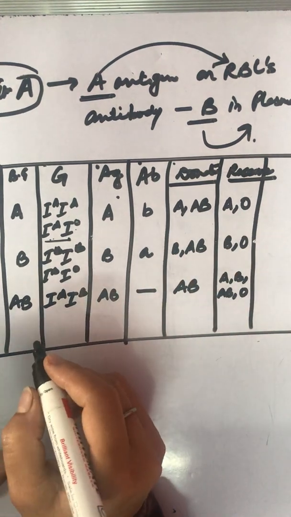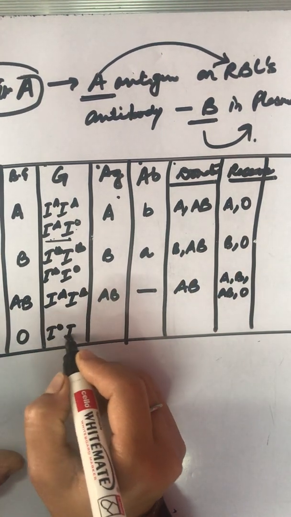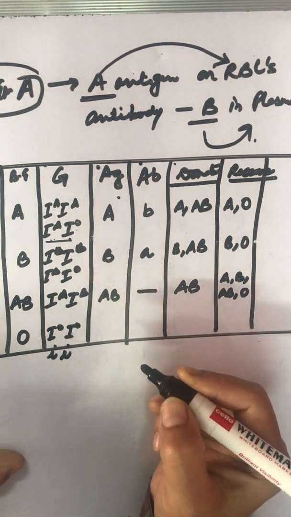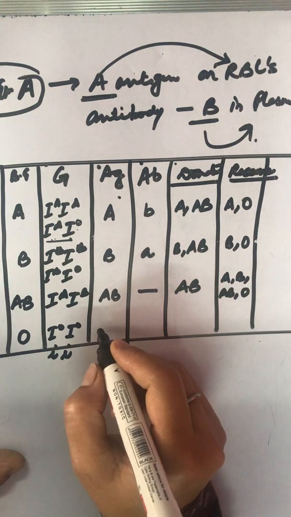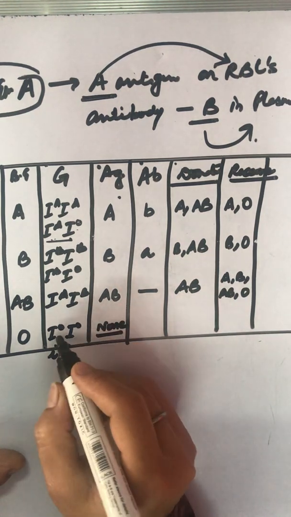Fine. Moving to the last one, O. It's reflected by IO and IO, and otherwise also, if not this, small i and small i. Then antigen, none, no antigen. Can we see any antigen here?